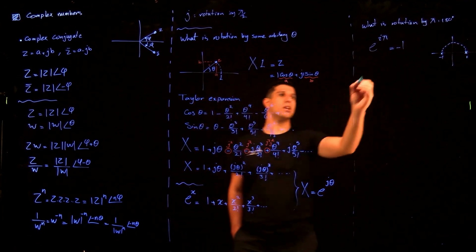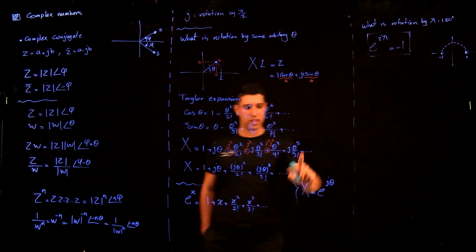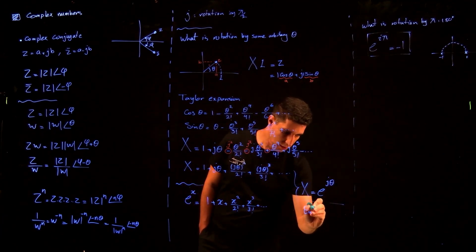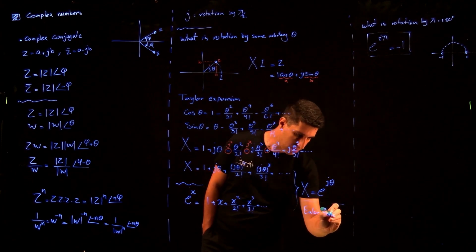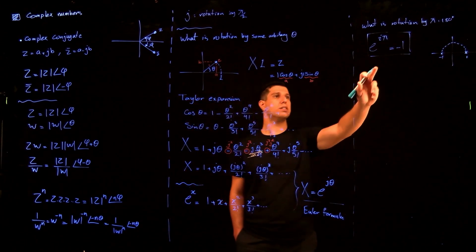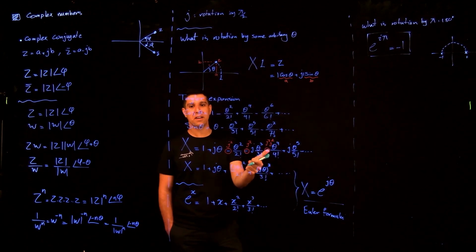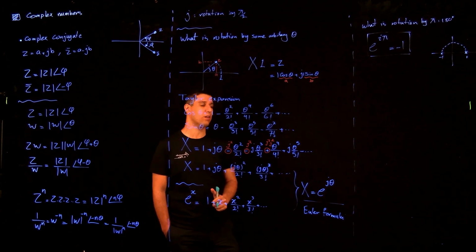So this one is called Euler's formula, and this is a special case that contains e, j, pi, and -1, all the good numbers, and it relates all of them together.